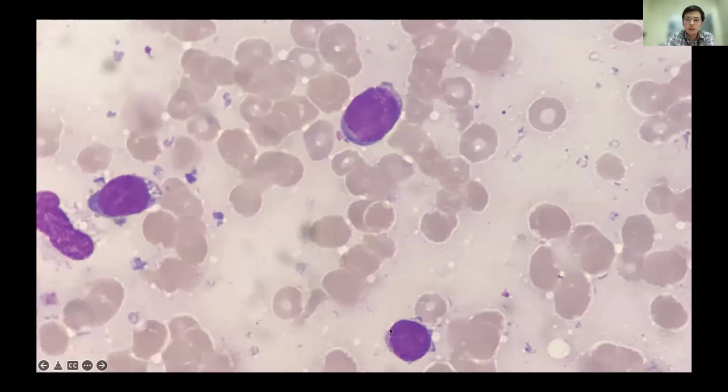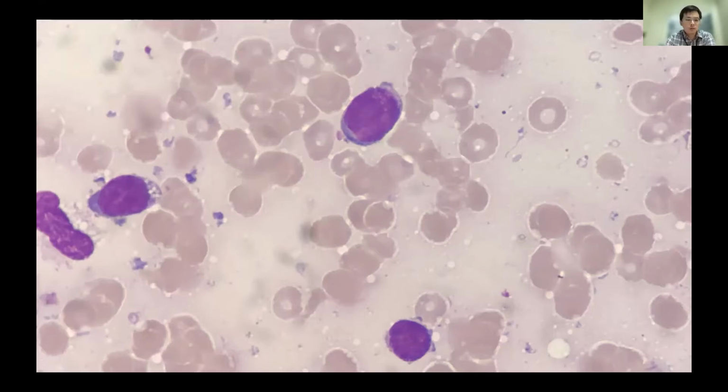You can see smaller blasts, larger blasts, and blasts with vacuoles and a very basophilic cytoplasm. This kind of cell might raise your suspicion: could this be a Burkitt lymphoma cell?